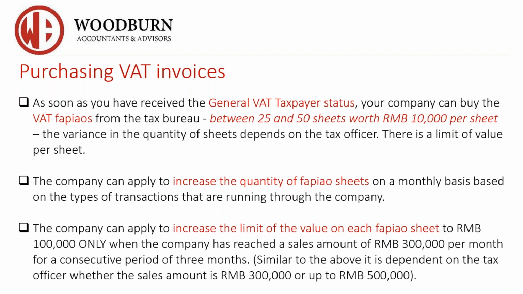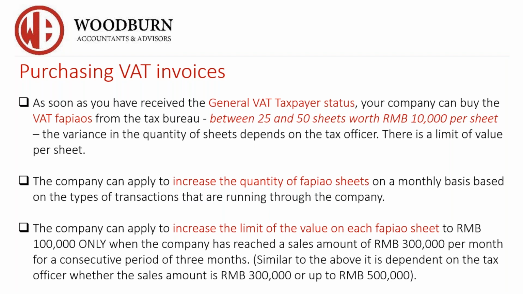So how the tax bureaus have done it is that if you have a consecutive period of 3 months where you've reached a revenue level of 300,000 renminbi per month, then you can increase the value of each Fapiao sheet to 100,000 renminbi. Okay, but you need to have this consecutive period.